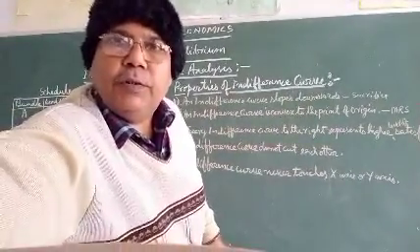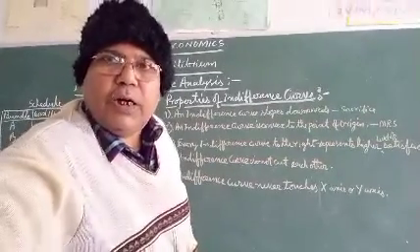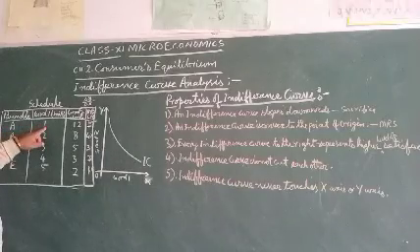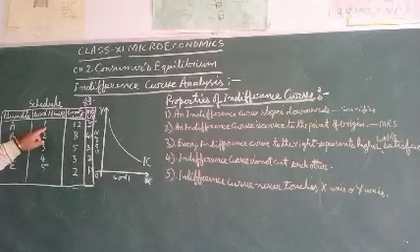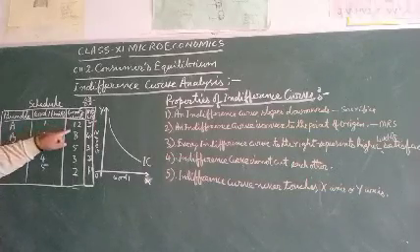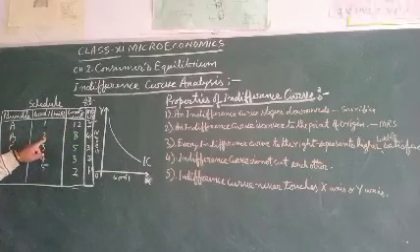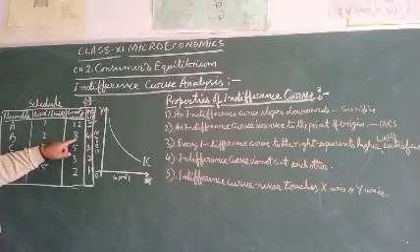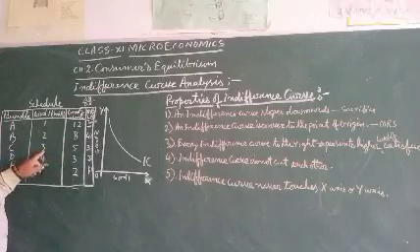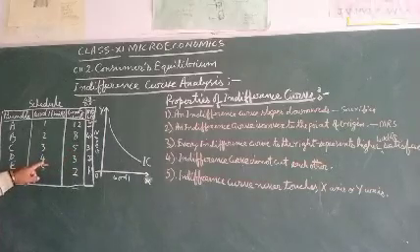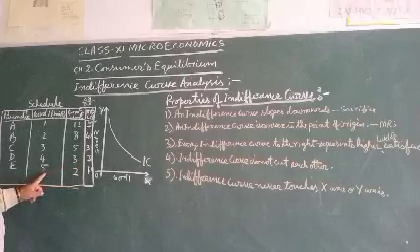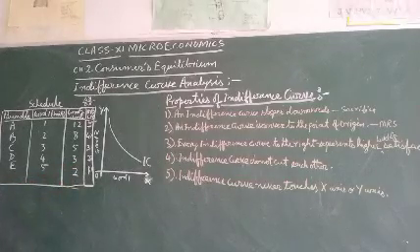On this indifference curve, either he has to consume 1 unit of good 1 and 12 units of good 2, or 2 units of good 1 and 8 units of good 2, or 3 units of good 1 and 5 units of good 2, 4 units of good 1 and 3 units of good 2, or 5 units of good 1 and 2 units of good 2.